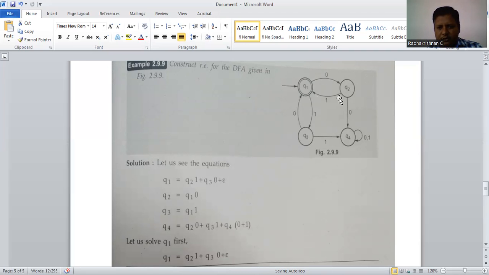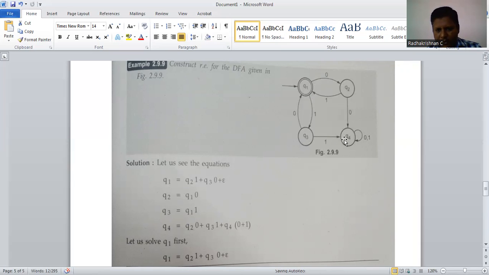So from Q2 with input 1, we write Q2 1, plus from Q3 with input 0, Q3 0. Q1 is the starting state, so we add epsilon. So Q1 is equal to Q2 1 plus Q3 0 plus epsilon. Similarly, Q2 is equal to Q1 0 alone. Q3 is equal to Q1 1 alone.